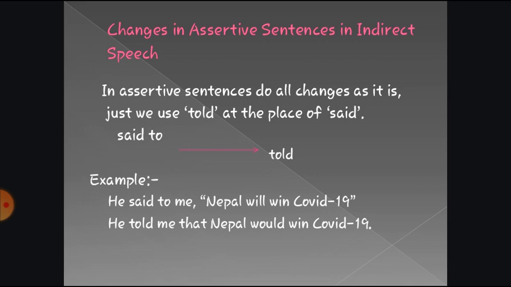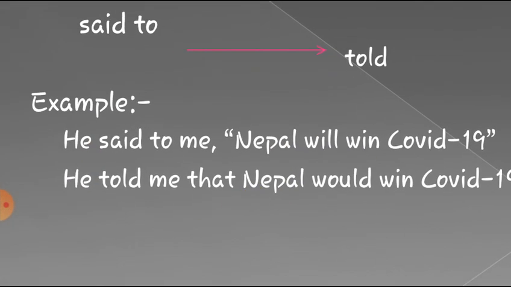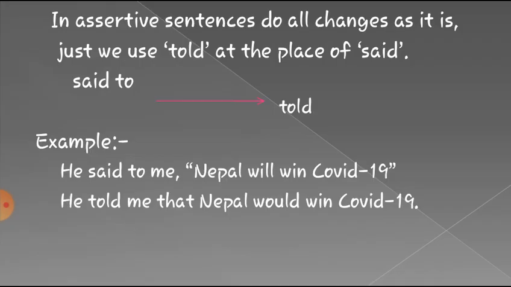So here, as you can see in the given sentence, said to is changed into told, and comma and inverted comma can be changed into that, and will is changed into would. So these are the things you have to do whenever you are changing from direct speech to indirect speech, basically if the sentence is assertive sentence. So this is about assertive sentence, dear student, and I hope you have already understood it.